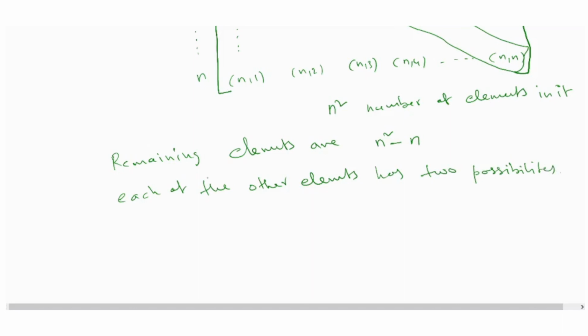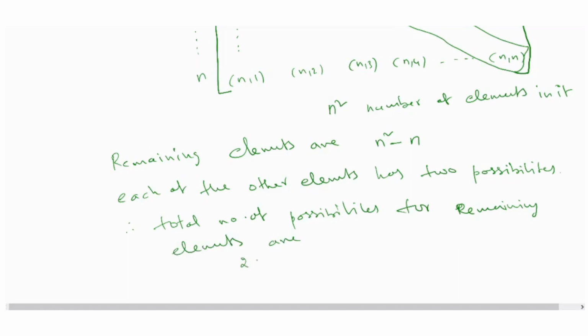Therefore the total number of possibilities for the remaining elements is 2 into 2, with 2 repeated as many times as the number of remaining elements. The remaining number of elements is n square minus n.